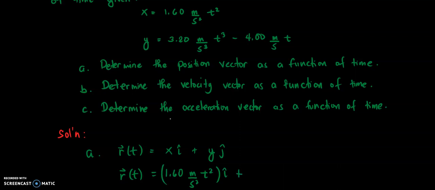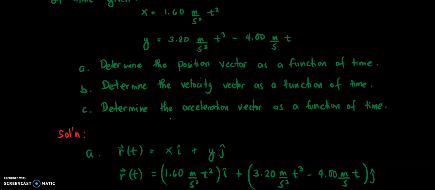plus for y, 3.20 meter per second cube t cube minus 4.00 meter per second t, and these two are both along j hat.